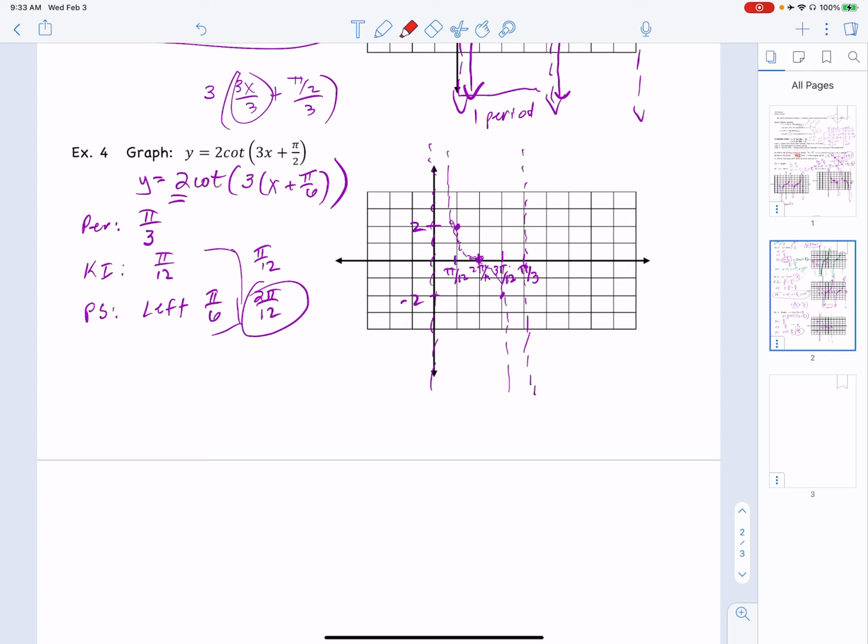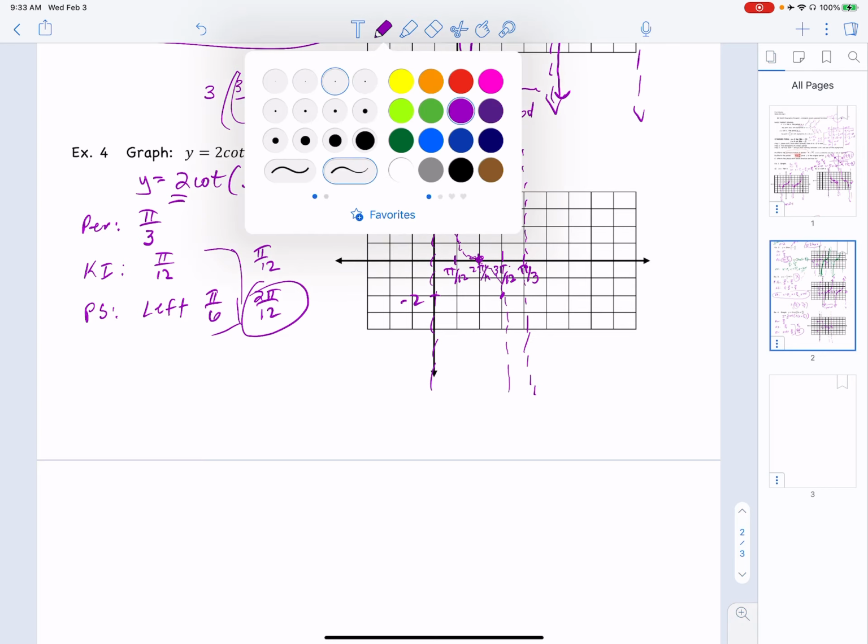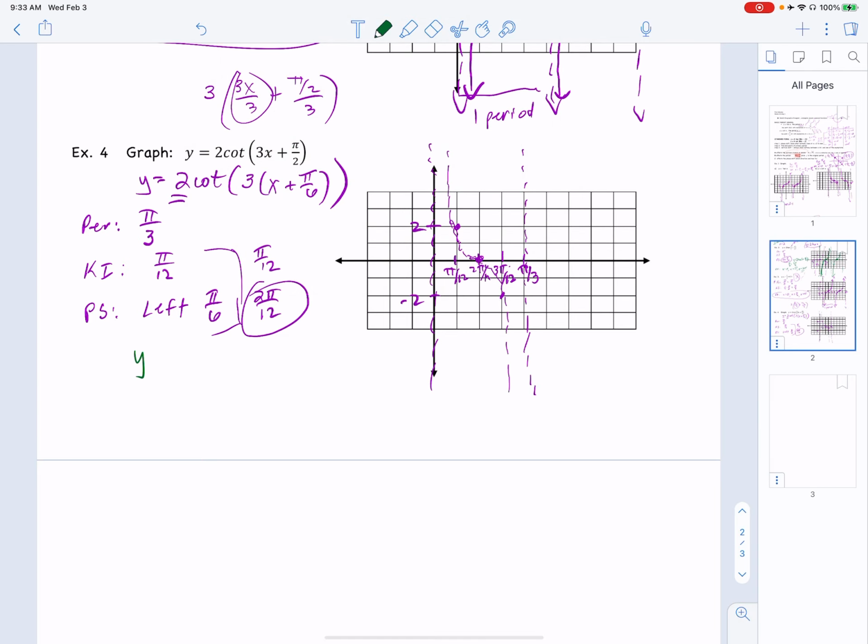So for y equals 2 cotangent of 3x plus pi 6, I'm going to move 2 key increments to the left, which is a negative 2 pi 12ths. That's going to be an asymptote. And I'm going to take the pi thirds and move it 2 key increments to the left.